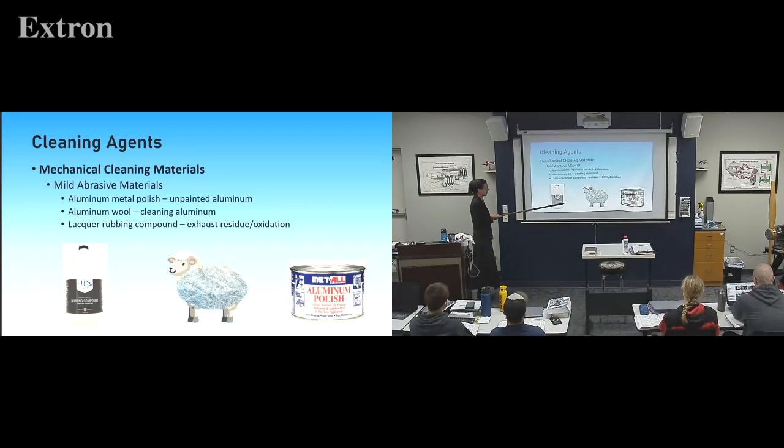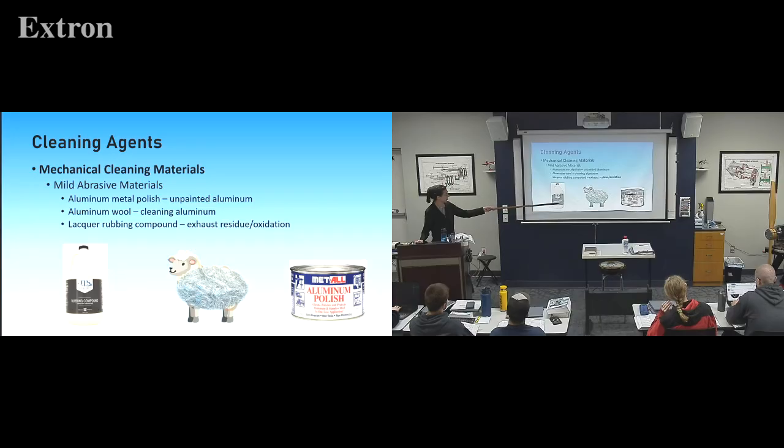Lacquer rubbing compound is something else you can use on exhaust residue. Aluminum wool is for cleaning aluminum if you have really nasty corrosion going on. Metal polish keeps untainted aluminum nice and polished. Be a little careful with aluminum wool because it can get aggressive.